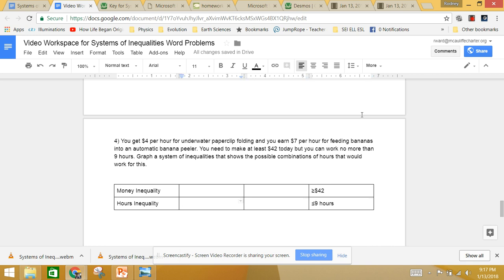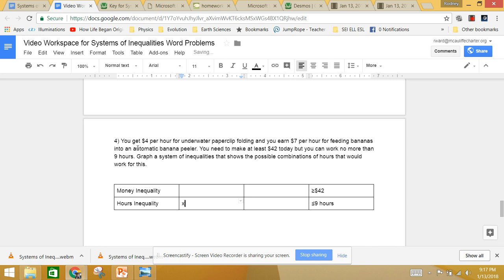All right. So we've been given some information about how much we make per hour for underwater paperclip folding, and how much we make for feeding bananas into the automatic banana peeler. But we haven't been given any information about how many hours we're going to work at each thing. So it seems like our hours are our variable.